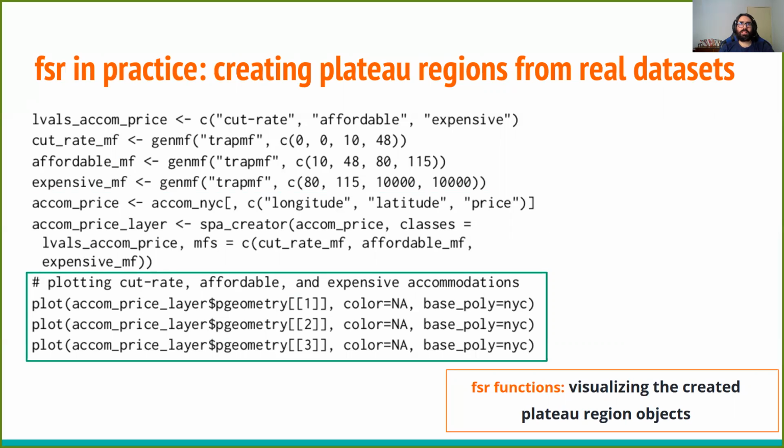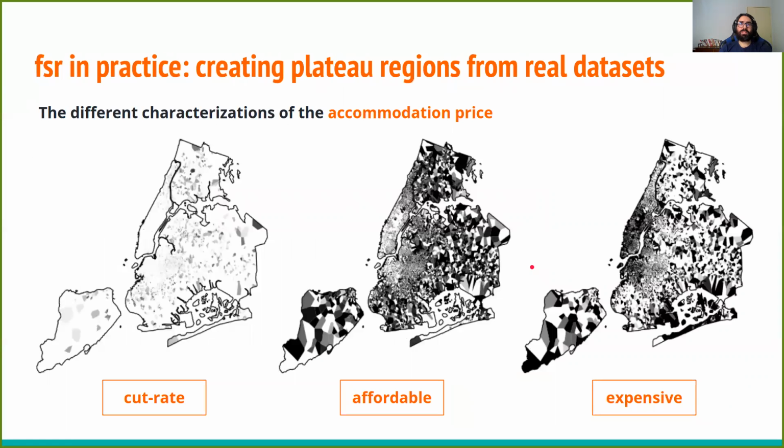The result is a data frame containing a pGeometry object for each linguistic value of the input of SPA-Creator. Here, we can visualize them by using the function plot. So this is the result. Here is the plateau region object for the linguistic variable accommodation price.